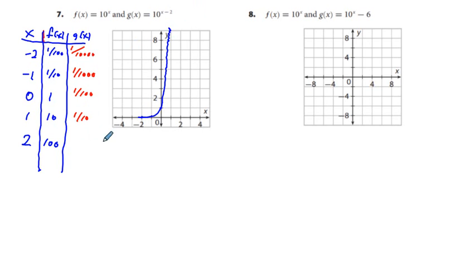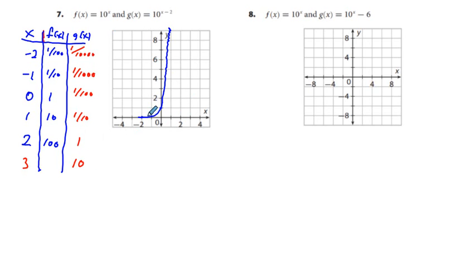And if we plug in 2, we get 10 to the 2 minus 2, which is going to be 10 to the 0 power, or 1. Finally, if we plug in 3, we get 10 to the 3 minus 2, or 10 to the 1 power, or 10.